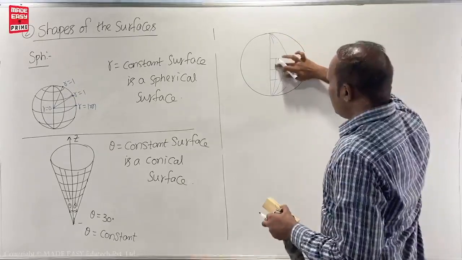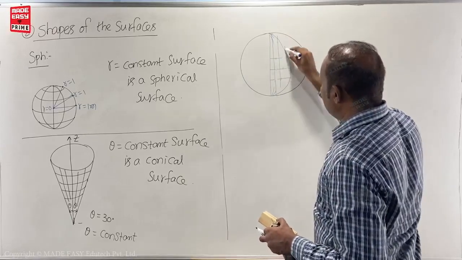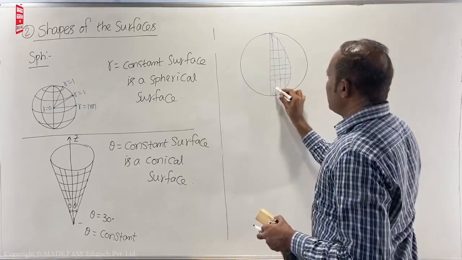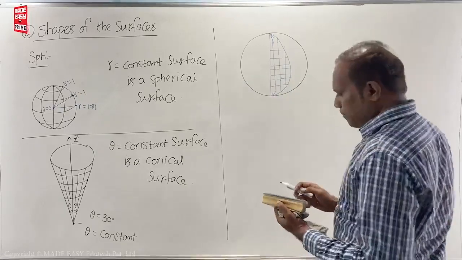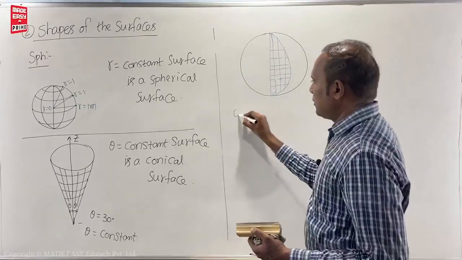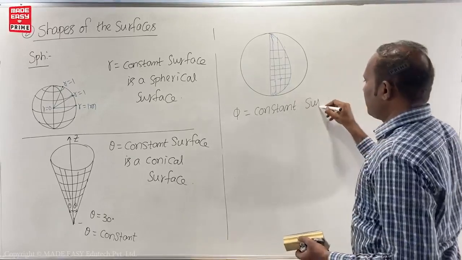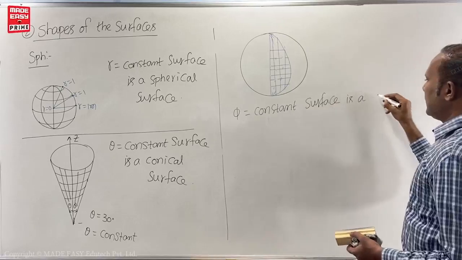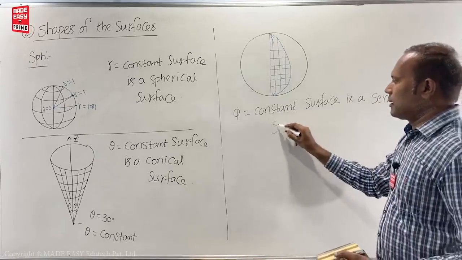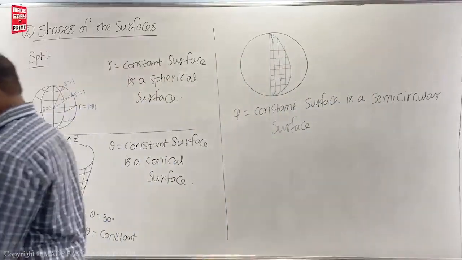I will not put curved lines. I will put straight lines like this, okay? So that you will not be confused. So this is semicircular surface, okay? Now for this semicircular surface, phi is constant. So phi is equal to constant surface is a semicircular surface.